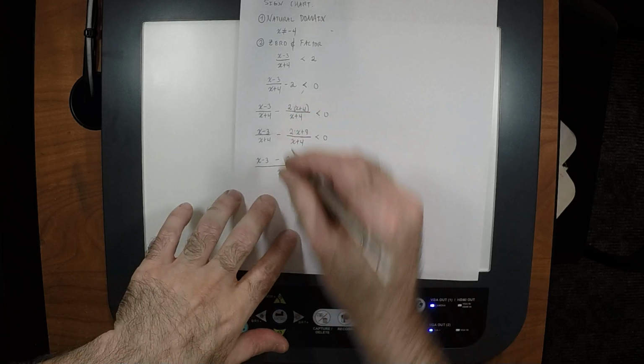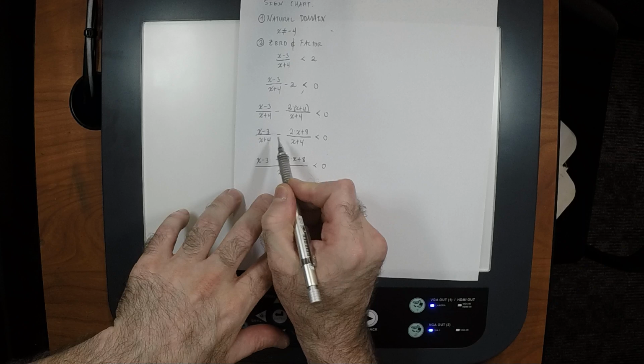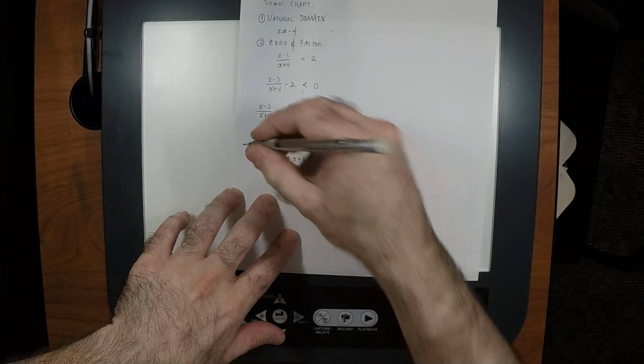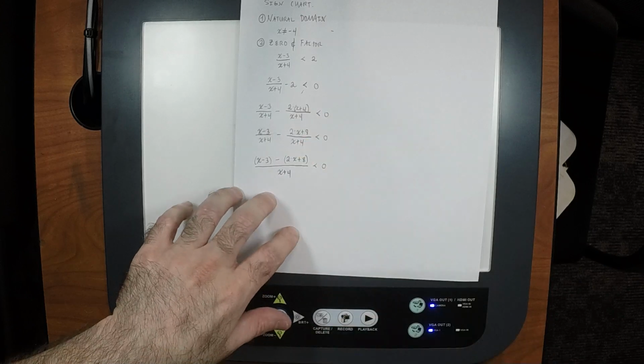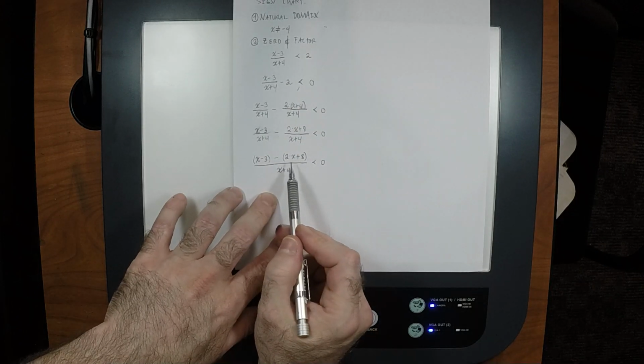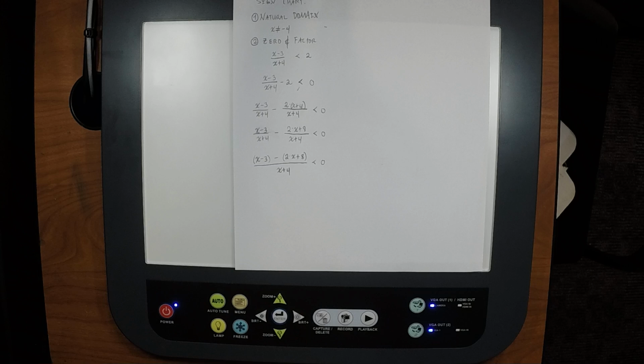Right. It's all of that numerator minus all of that numerator, which is to say that these should really be in parentheses. Before I wrote the parentheses around the 2x plus 8, we were adding 8, but really you're subtracting 8.